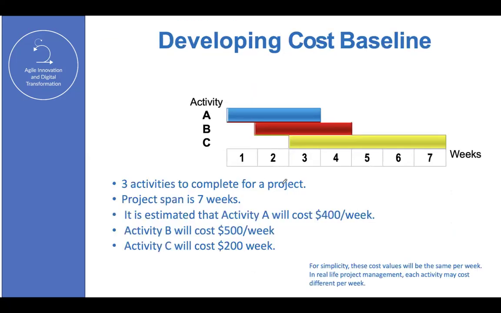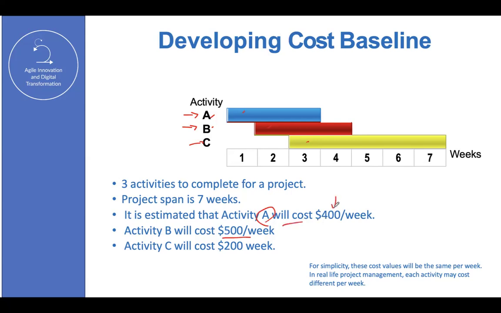And this is the example. With that, we're finished, and I promise, this is the example that I'm going to do with you guys. I need your help. We have 3 activities for this project: activity A, activity B, and activity C. Each one of those activities has a different specific cost per week. Activity A costs $400 per week.